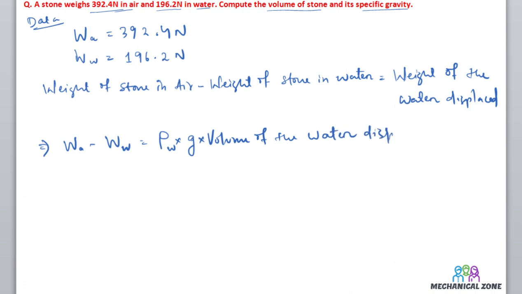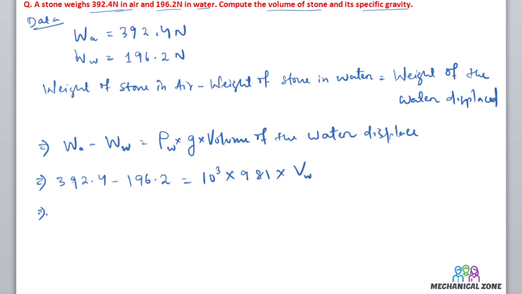You can easily sense that the rho g V formula is quite common. So we have the value of WA 392.4, WW 196.2, which will be equal to density of water 10 to the power 3 kg per meter cube, g is 9.81 meter per second square, and let us consider the volume of water displaced as VW.